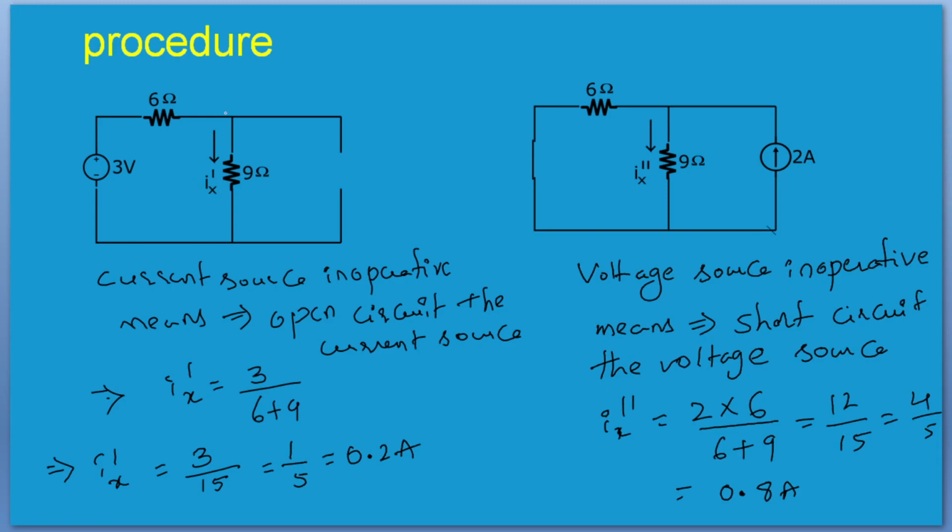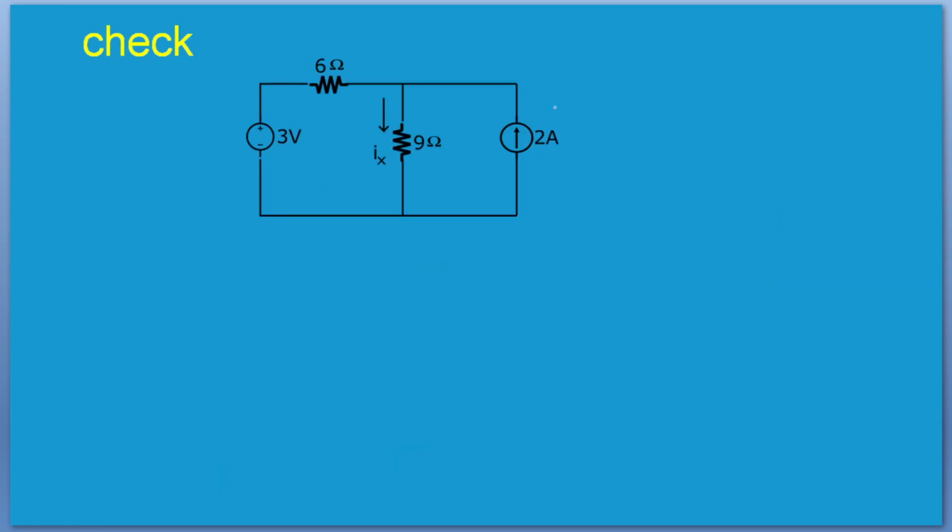So I have got Ix dash equal to 0.2 amps, and Ix double dash equal to 0.8 amps. So now what is the total current?